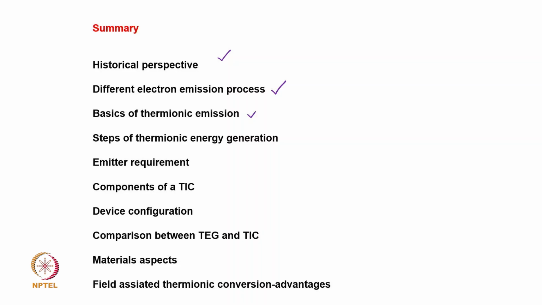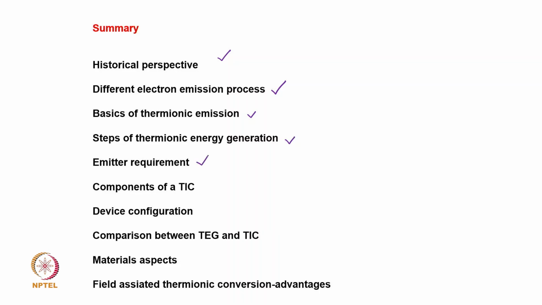Okay, what are the basic equation like Richardson equation that actually control the thermionic emission process, and then we have seen when we want to make a thermionic generator, what are the steps one follow in order to get a thermionic energy generation, okay, or make a thermionic energy generator.